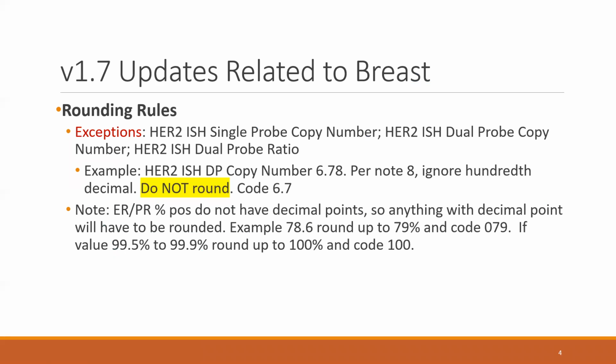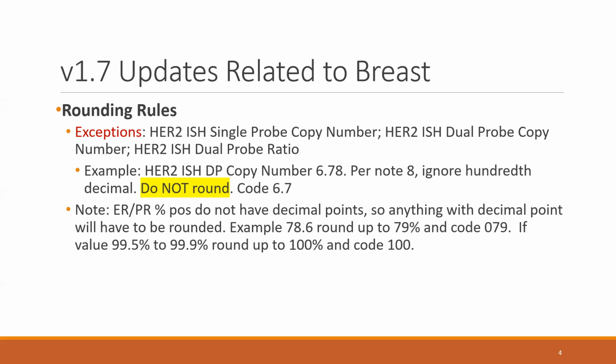The rounding rules, these would be the general rounding rules, but once you get to the breast site in the SHRI or the SSDI manual, anything site specific would pertain then to the breast. So the rounding rules have been clarified for breast.